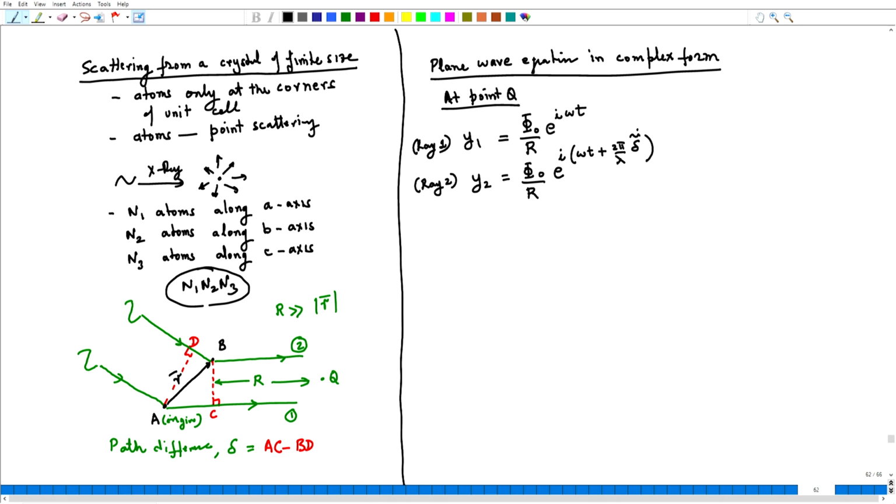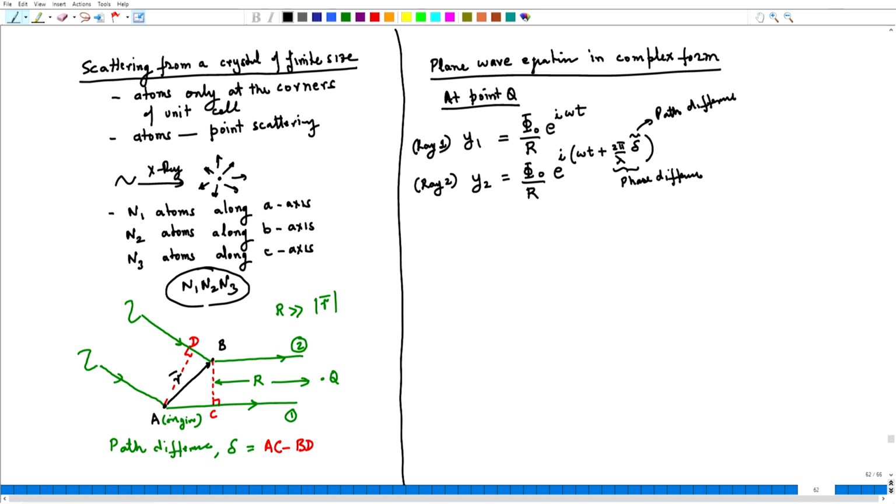So, delta is the path difference and 2 pi upon lambda times delta is called the phase difference. So, when the path difference is an integral multiple of lambda, which means that the phase difference is an integral multiple of 2 pi, the two waves are in phase, and when the path difference is lambda upon 2, for example, the two waves are completely out of phase.